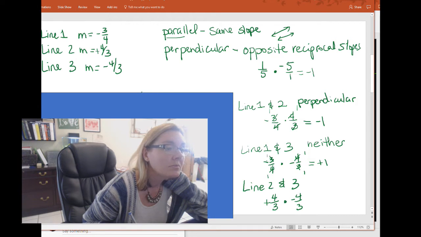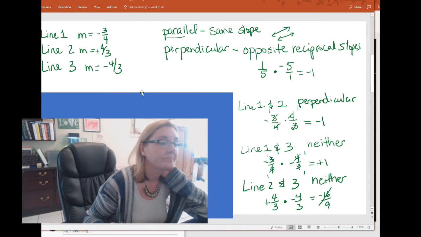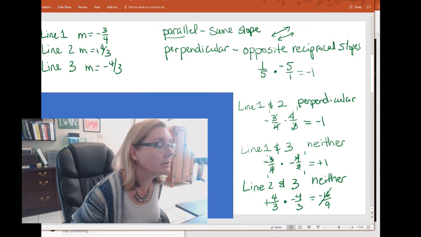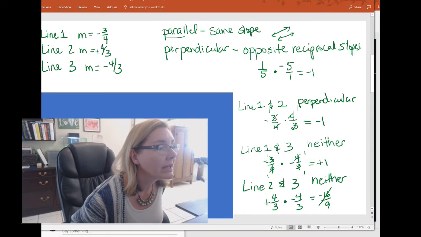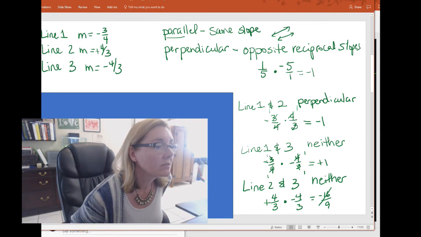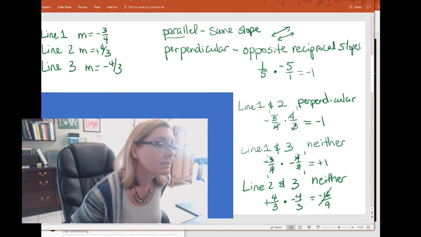And again, if you multiplied them, you would not get -1, you would get -16/9 multiplying straight across. So this is definitely neither as well. Okay, so that's how you determine in those problems in ALEX where they give you 3 equations of lines and you have to determine if they're parallel, perpendicular, or neither. That's the procedure.